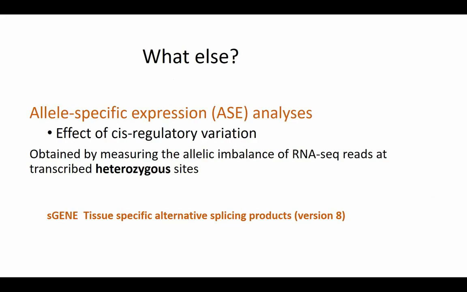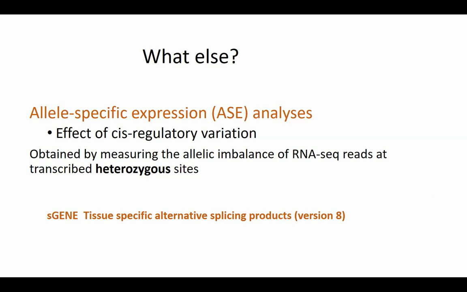So what else? And this is just the end of it, saying that once they did all what I just told you, RNA-seq and so on, they can start looking at events that were completely overlooked before. For example, cases of allele-specific expression, where you can see expression only from one allele. Why can they do it?